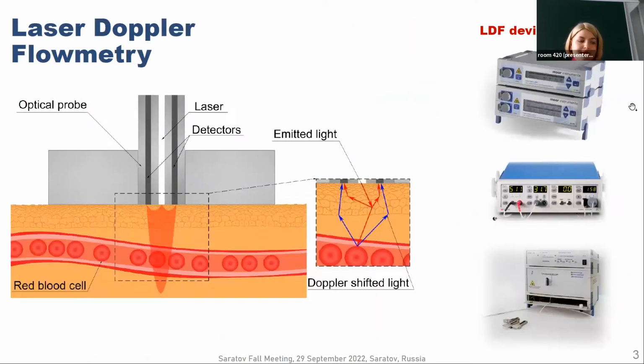Laser Doppler flowmetry is one of the most popular non-invasive methods for blood flow perfusion monitoring. This method was first introduced more than 30 years ago and has undergone consistent development since.